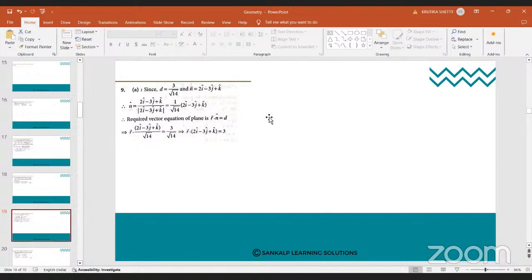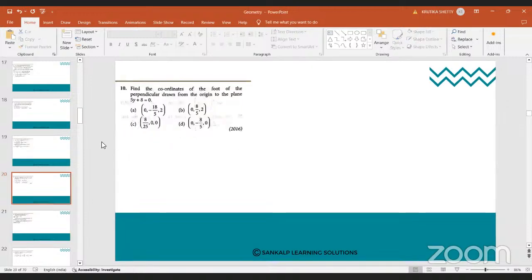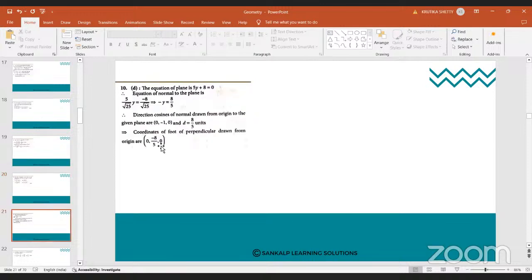Next, example number 10. Find the coordinates of the foot of the perpendicular drawn from the origin to the plane 5y plus 8 is equal to 0. We have solved a similar example, example number 8, so again we are using the same type of equation.